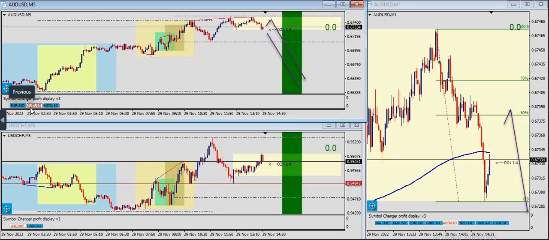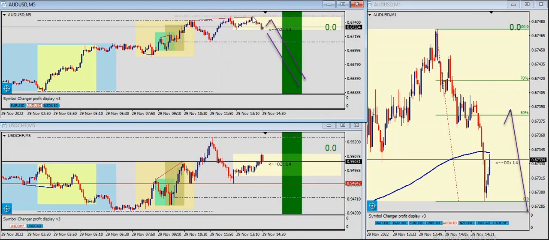Look at this, this is AUD USD against USD CHF on the 29th of November. So after the London session, as we enter the New York session, I saw this divergence. I'm using the TDI indicator for my divergence.